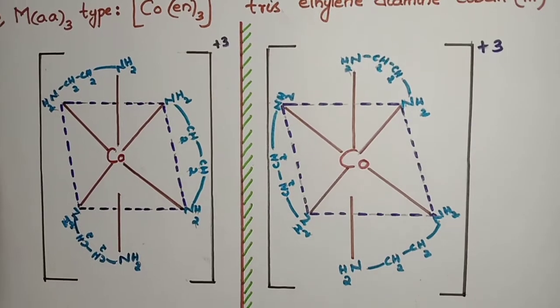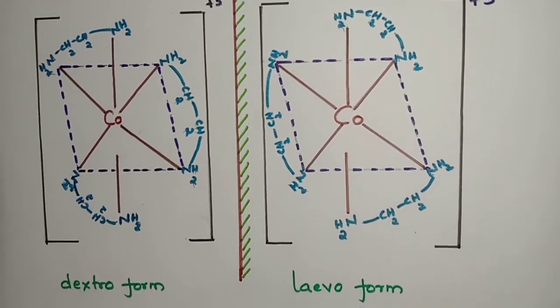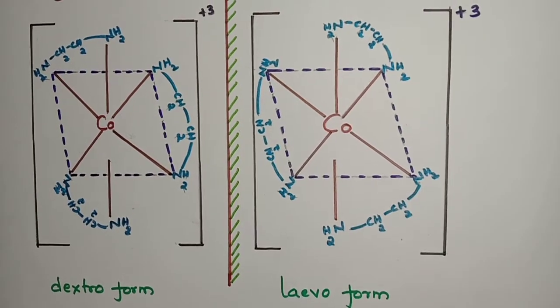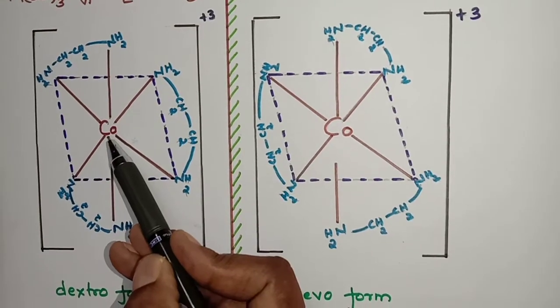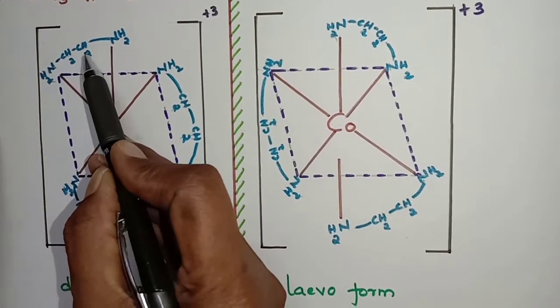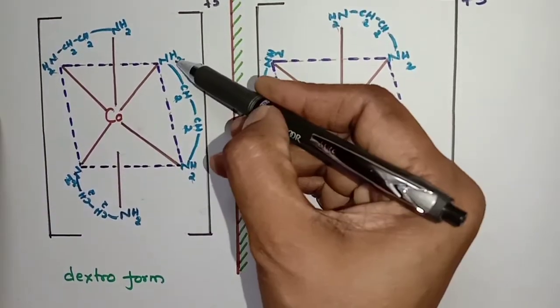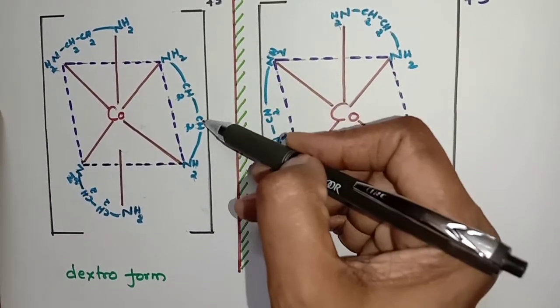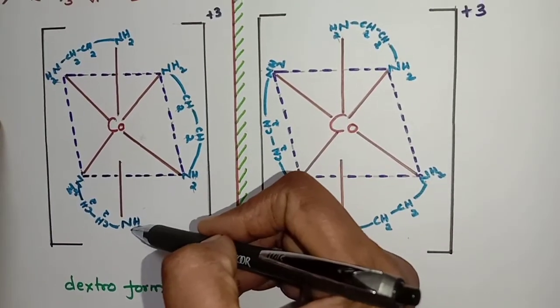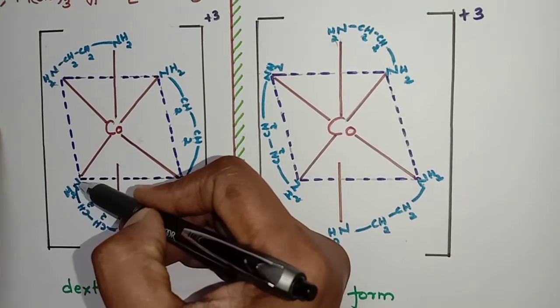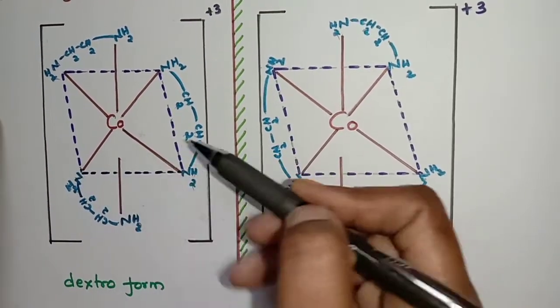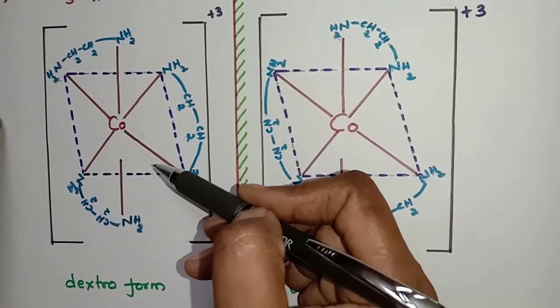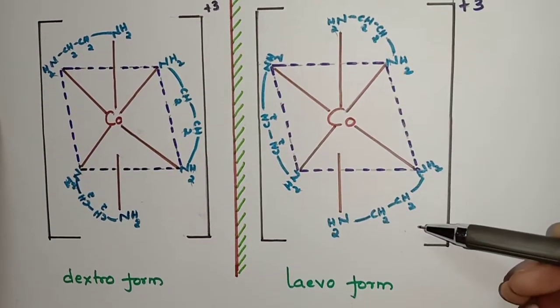Okay. So now look at the dextro and levo forms of this type, students. Co, the central metal atom, NH2, CH2, CH2, NH2. This is another group, NH2, CH2, CH2, NH2. This is the third group, NH2, CH2, CH2, NH2. Now, when you place a mirror in front of this, we will get the levo form of this.